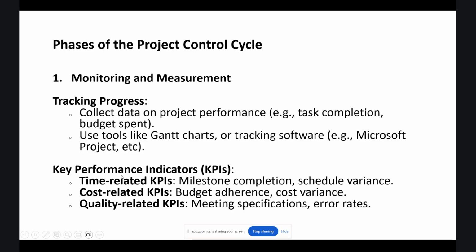The key performance indicators that you want to pay attention to are time-related, cost-related, and quality-related key performance indicators. So that's the first thing that you need to do: measurement and monitoring.